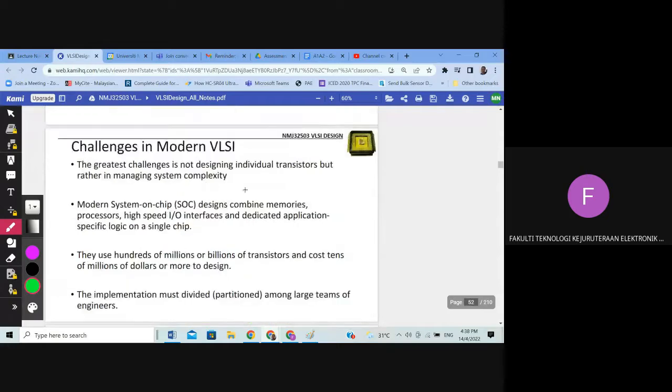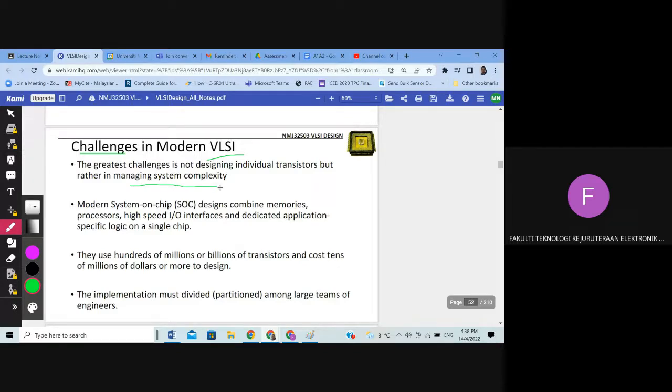Here we go back to our VLSI. This is to tell you about the challenges, based on the previous industrial lecture that we have just had. We see that the number of transistors is getting more. So the greatest challenge is not designing individual transistors only, but managing the system complexity.